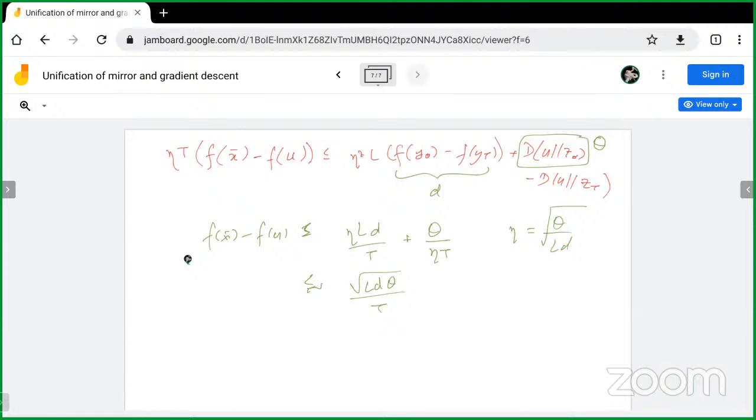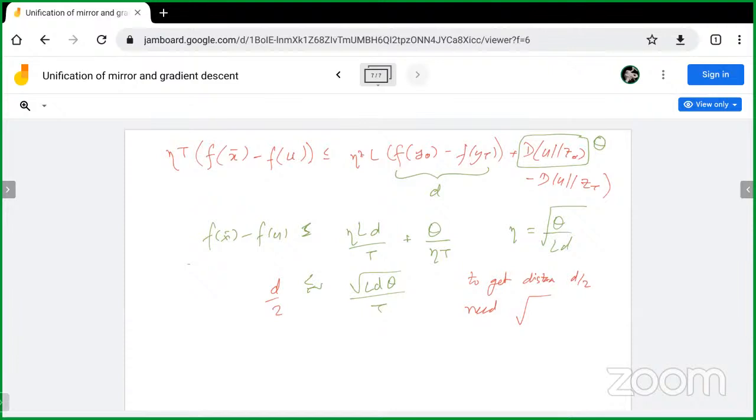So if you do that, okay, that's fine. So this means that to get the distance T by 2, we need roughly square root of, okay, so I got T over 2 here, so how many steps do you need?